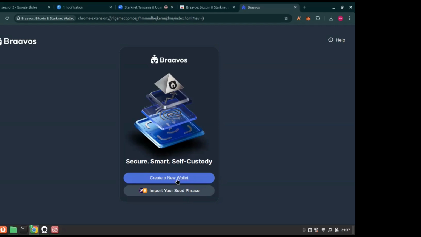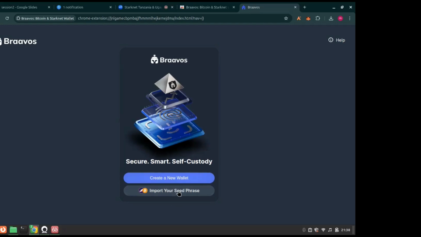So there is something called a seed phrase, just like in your traditional account, there is something you call a pin. When someone has access to your pin and your ATM card, they can withdraw money. So that's the same thing that a seed phrase does.